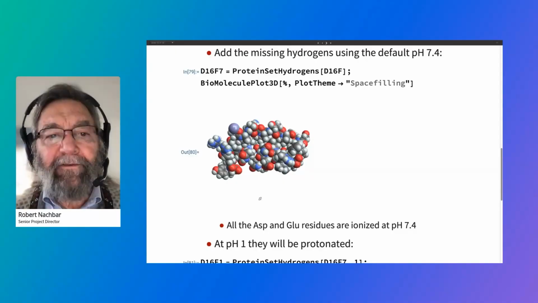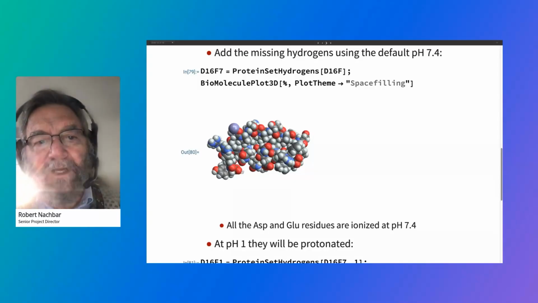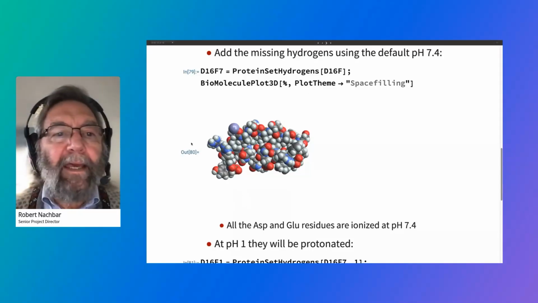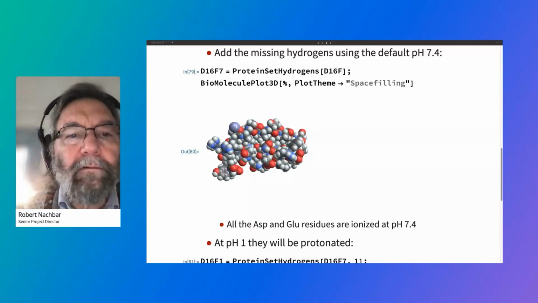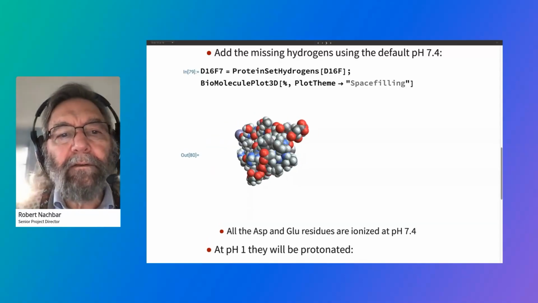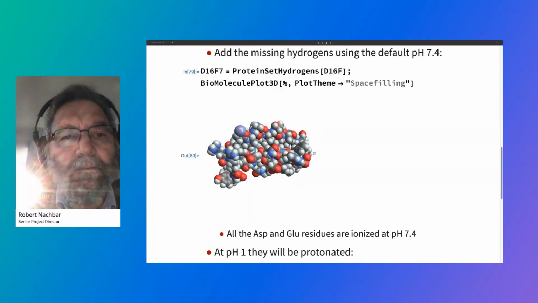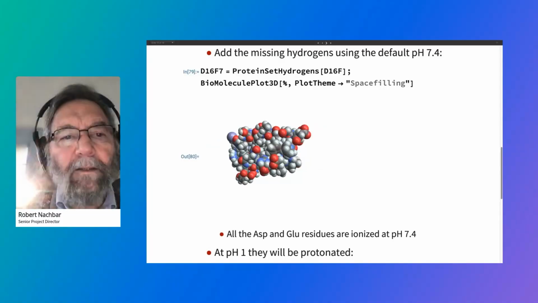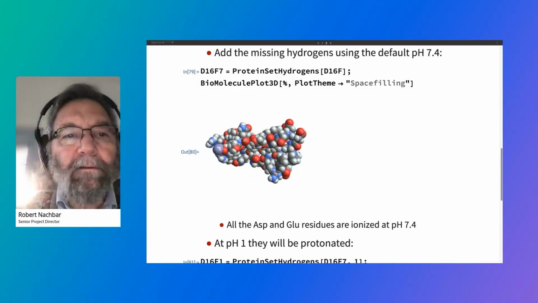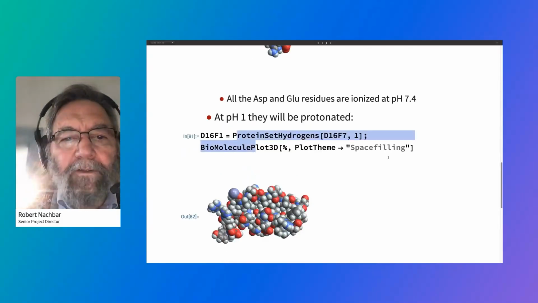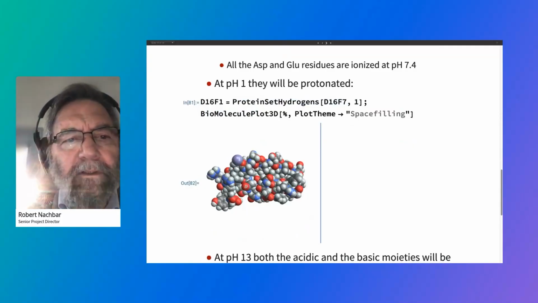And it's at pH 7.4. This happens to be a carboxyl group down here, and you can see that it doesn't have a hydrogen on it. What I'm trying to do is show this side chain here to see what it is.